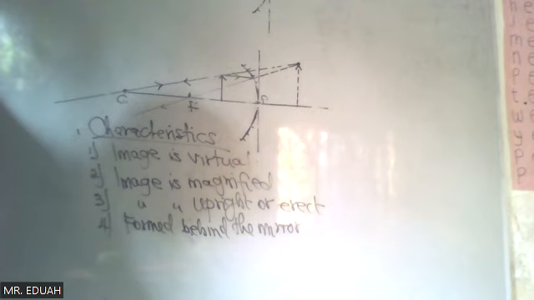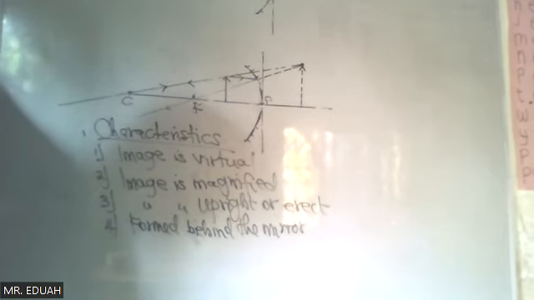Please, the image is magnified. Image is magnified. Everybody go ahead. I said the image is magnified, but we are looking at the various characteristics. So I expect more from you.